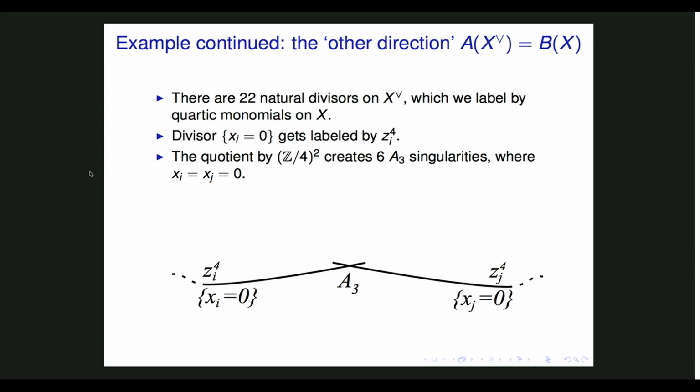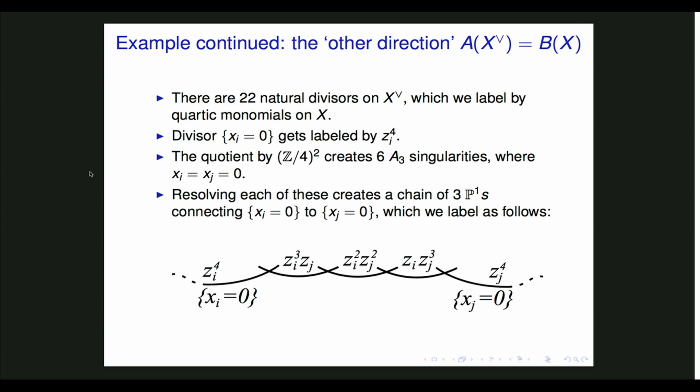Well, when we quotient by this finite group action, it turns out to create some singularities. It creates 6 singularities of type A3, which lie at the intersections of these divisors xi equals 0 with xj equals 0. And when we resolve them, the 3 in the name A3 means that when you take a minimal resolution, the point is replaced by a chain of 3 P1s.